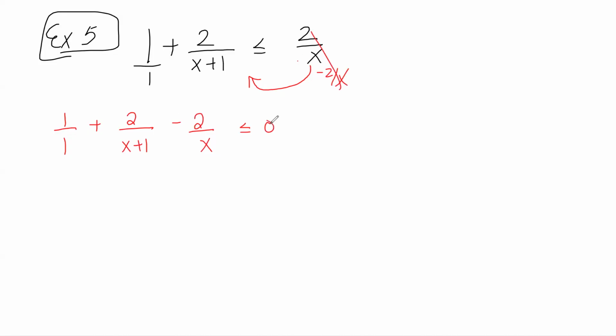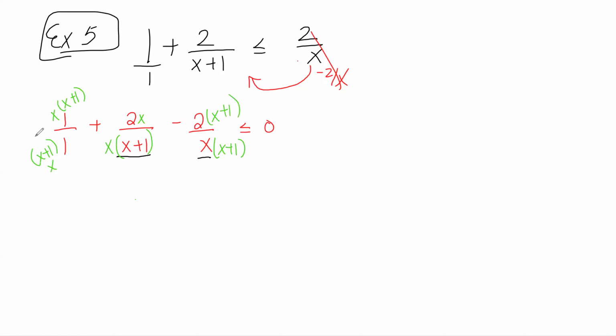Okay, so all 3 of those fractions on the left need a common denominator. Everybody needs an x plus 1 and an x. You don't really have to worry about the 1, right? So this one, we're going to invite x plus 1 and x upstairs as well. This one, we just need to invite x upstairs as well. And this one, we need x plus 1 upstairs as well.